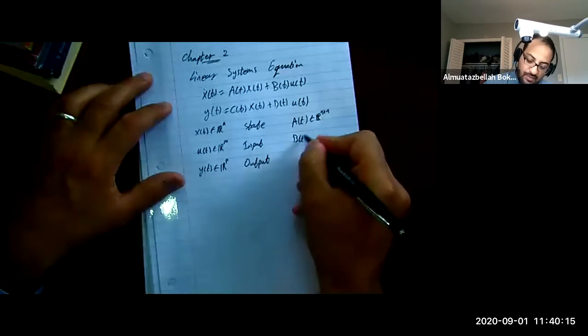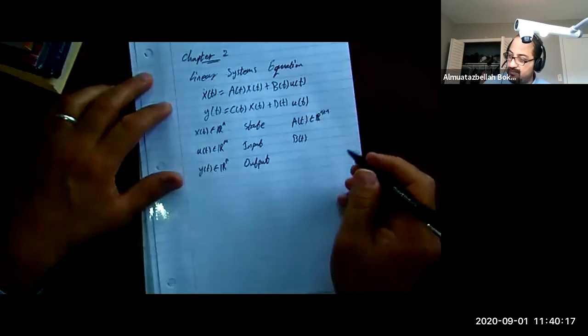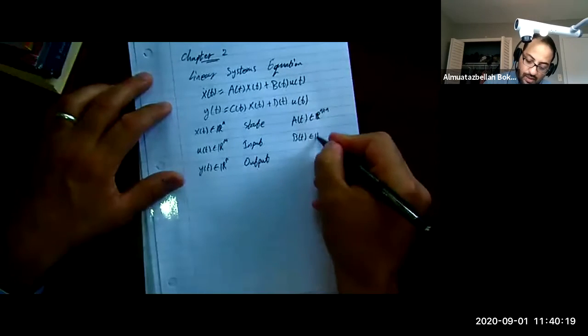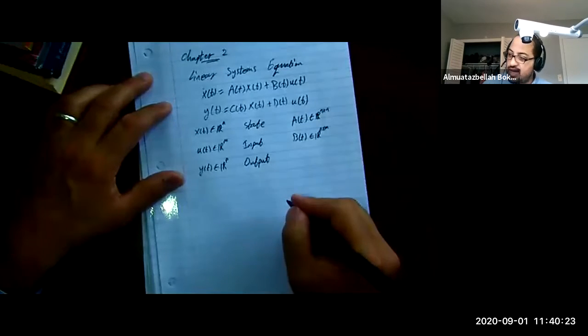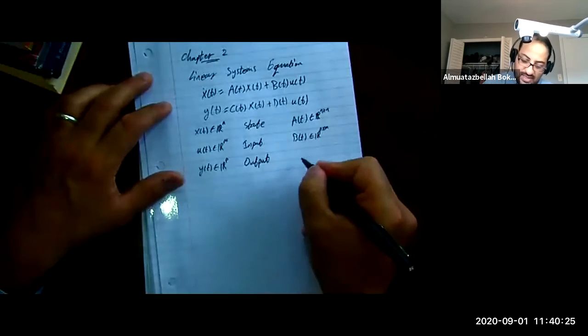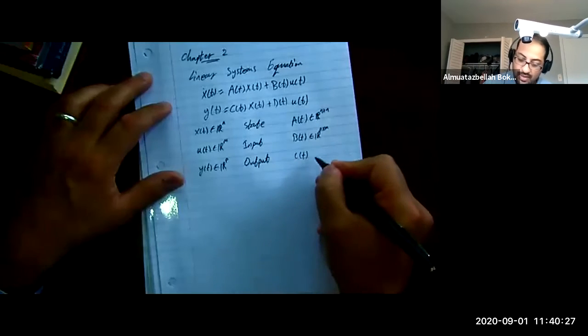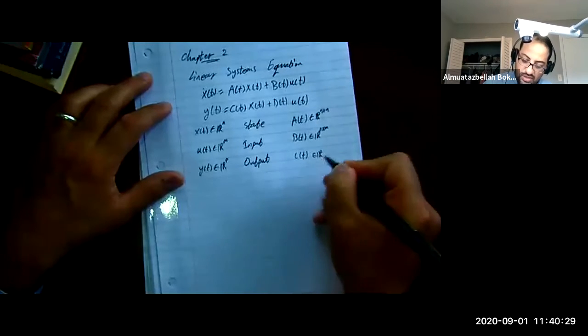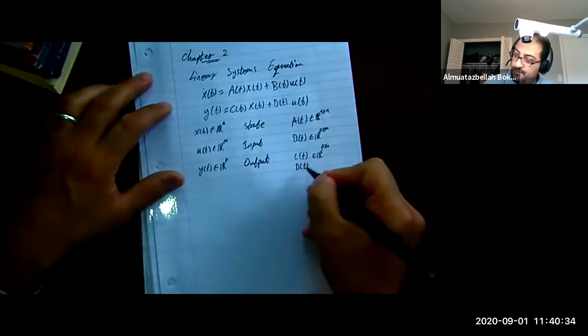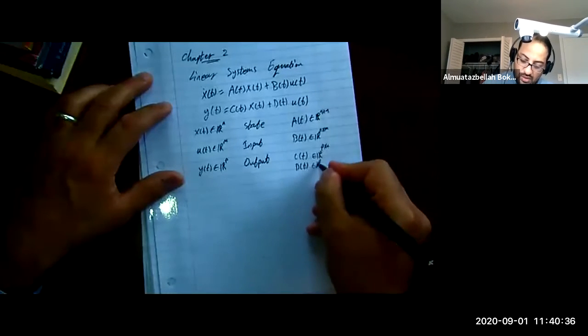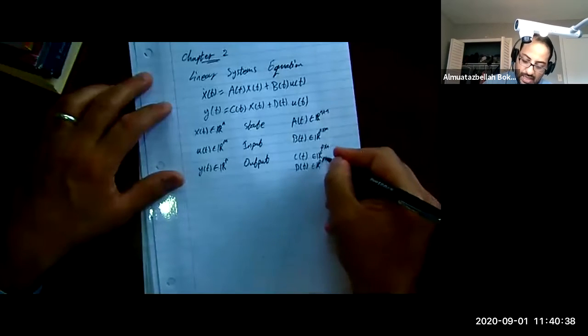The dimension of B matrix has to be n by m. And the dimension of C of t has to be P by n. And D of t has to be P by m.